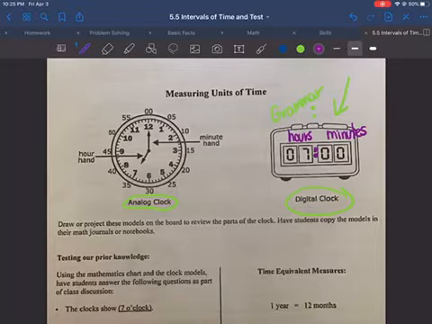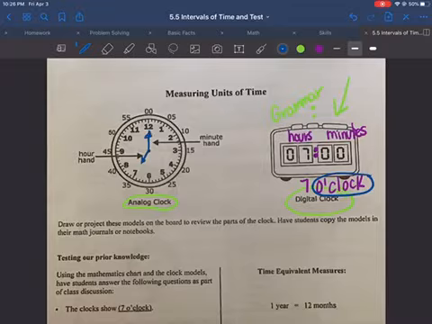So in this digital clock, we would say that the time is 7 o'clock. Why? Because o'clock means it's right at 7. So the big hand would be pointing to 12. And we'll prove that if we move over to the analog clock. If you notice that we have two hands, the little hand is called the hour hand.